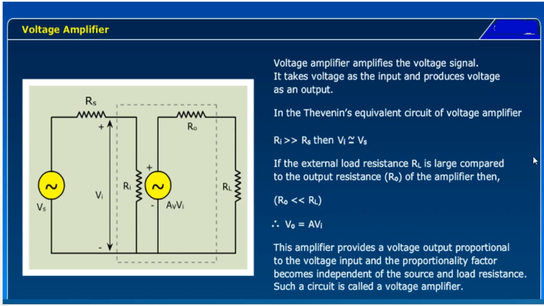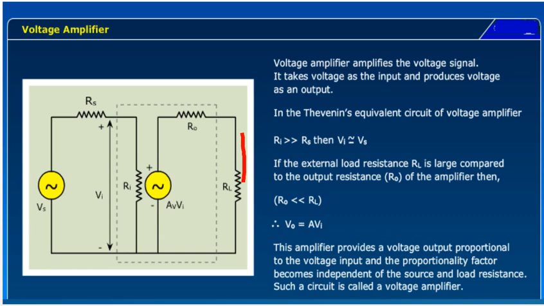In the Thevenin's equivalent circuit of the voltage amplifier, Ri is greater than your Rs. If this condition is satisfied, then only the source Vs is equal to the Vi. And if the external load RL is large compared to the output resistance, that is R0 is less than RL, then we get V0 across your load resistor, V0 is equal to A into Vi.